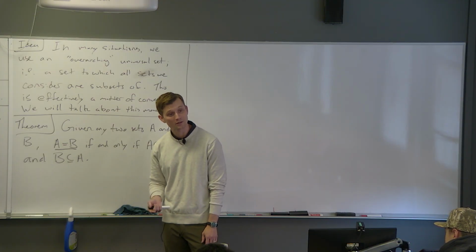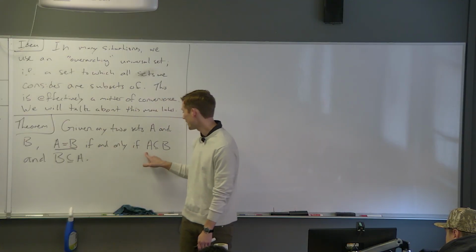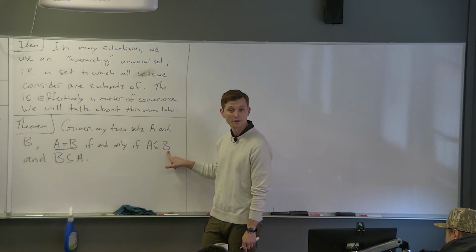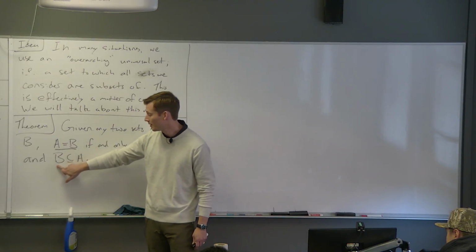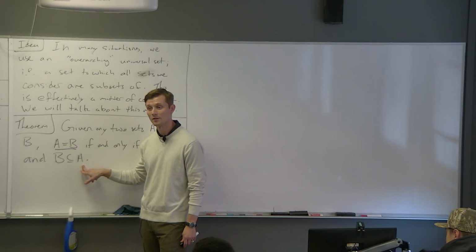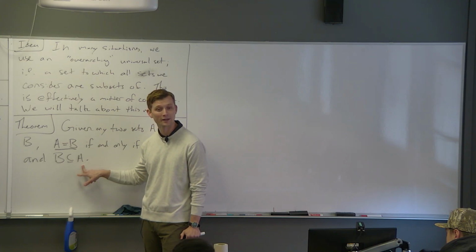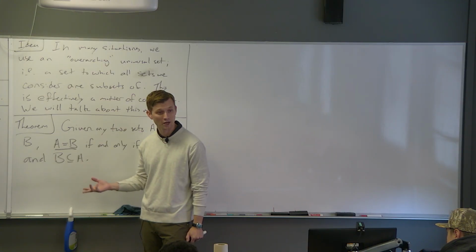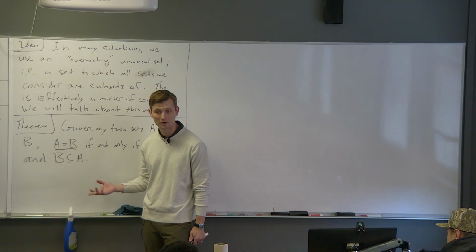But it can be much easier to take some element from one set and show that it lives in the other, and then take some element from the other set and show that it lives in the first one. If you can do those two simple little things, then you've shown that they actually have the same elements. Kind of nice. Okay.